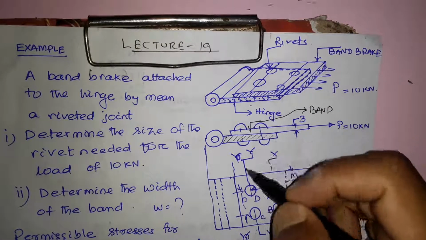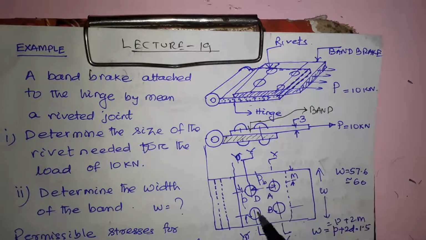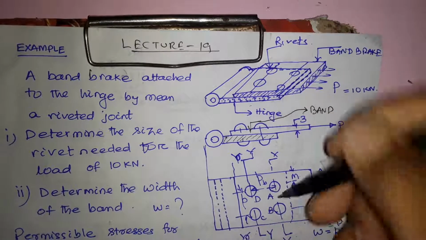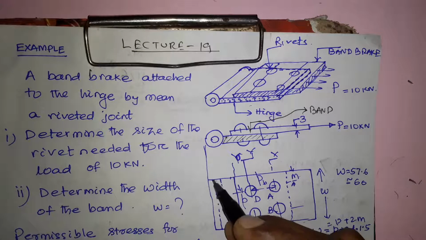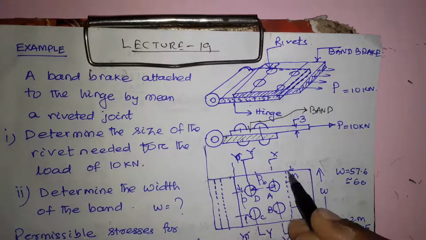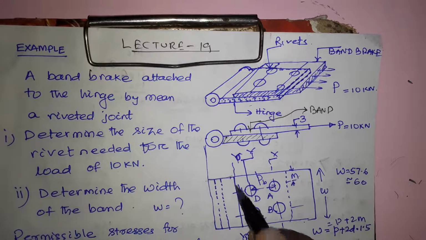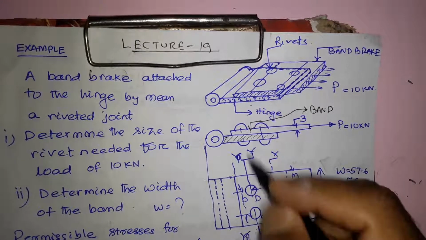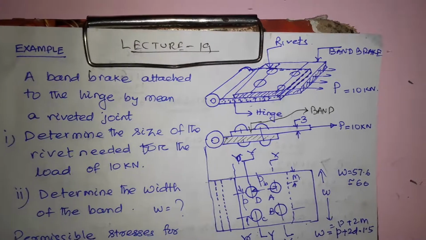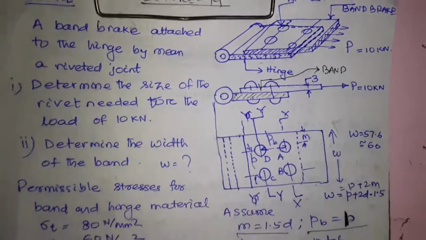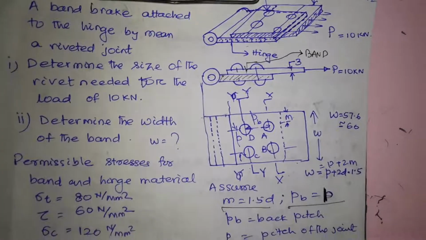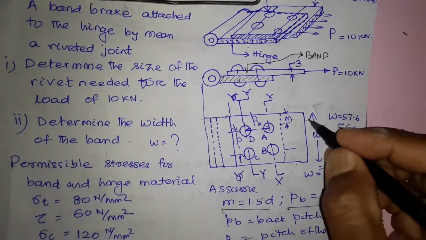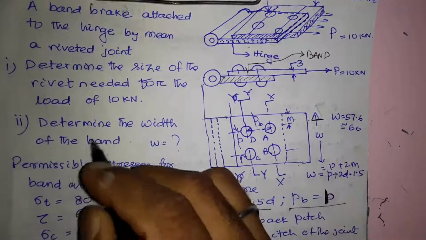This is one row of rivet, this is the second row of rivet, and when you see from the top, you see bottom one, this one up to this one is the hinge. On top of that, the band is there. There are 4 rivets. They are riveted in 2 rows, two rivets in each row. So total is given, and it is also asked you to find out the width of the band.